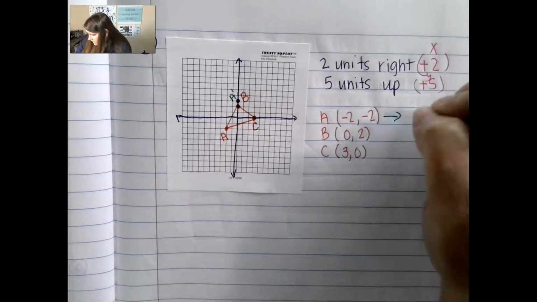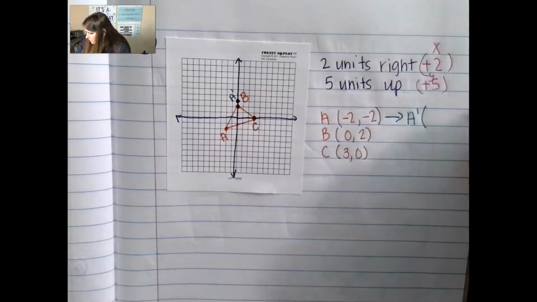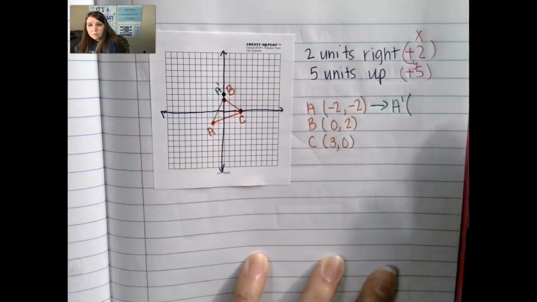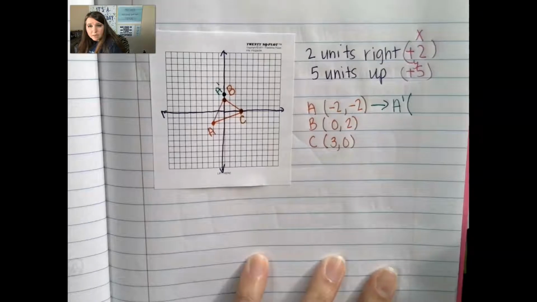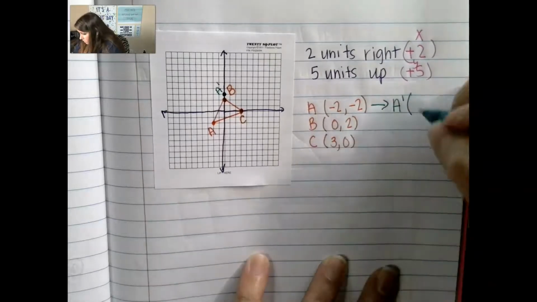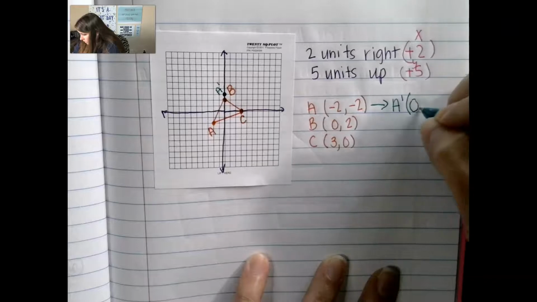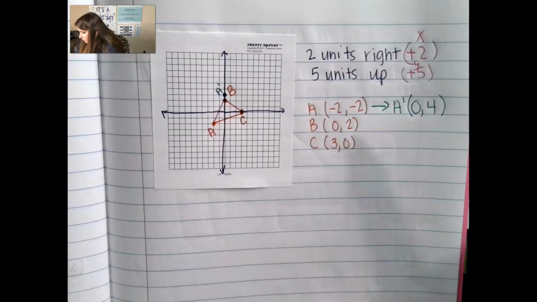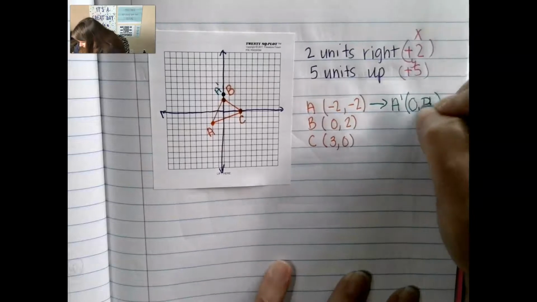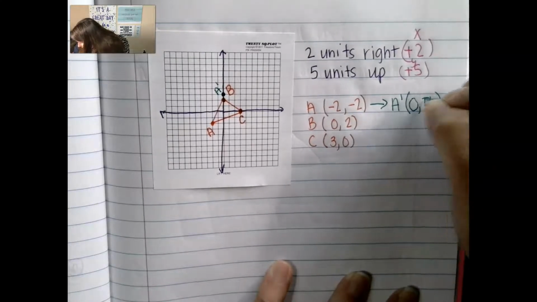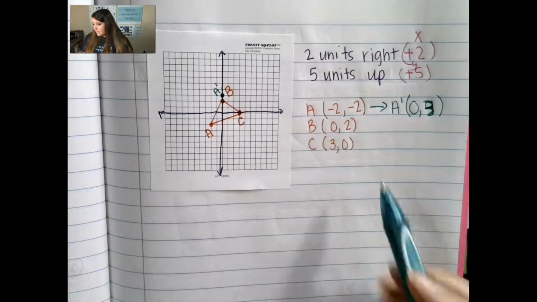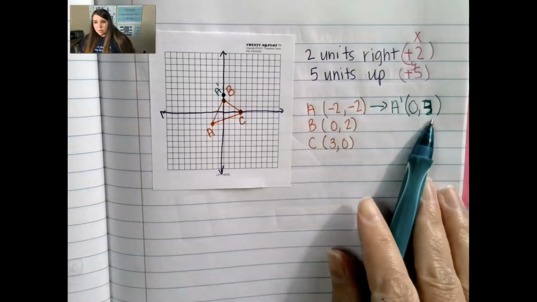So when I slide this, A1 is going to be at 0, 4. Is that right? 1, 2, oh no, that's 3. 0, 3. Oops. Because when I add 5 to this, I get a positive 3. So -2 plus 5 gives us a positive 3.